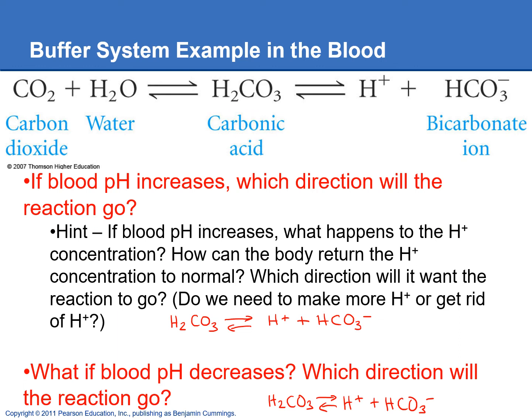Let's just take a look at an example of a buffer system in the blood. We're going to be working with this more later on this semester, so we'll just introduce it here and get you used to working with and thinking about this, and we'll come back to it later though. So let's do some examples here. With this equation, we're just going to ignore the carbon dioxide and the water for right now.